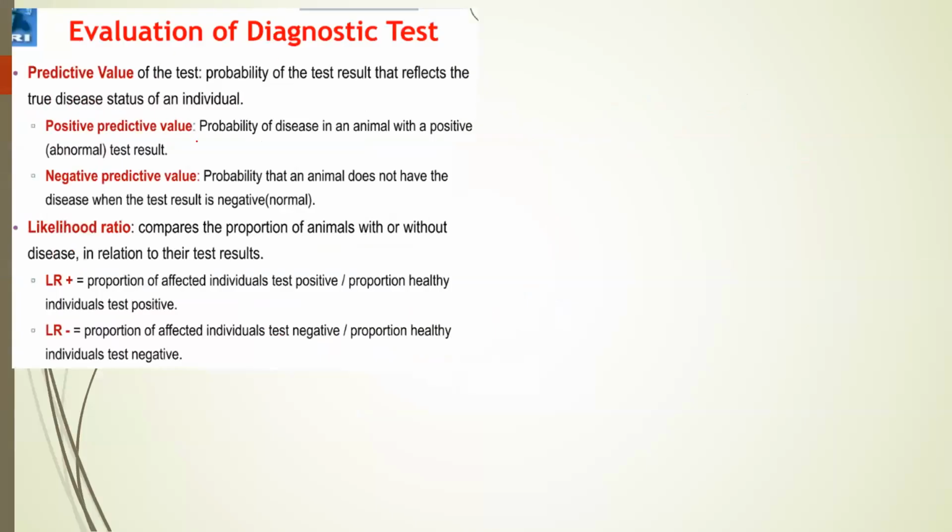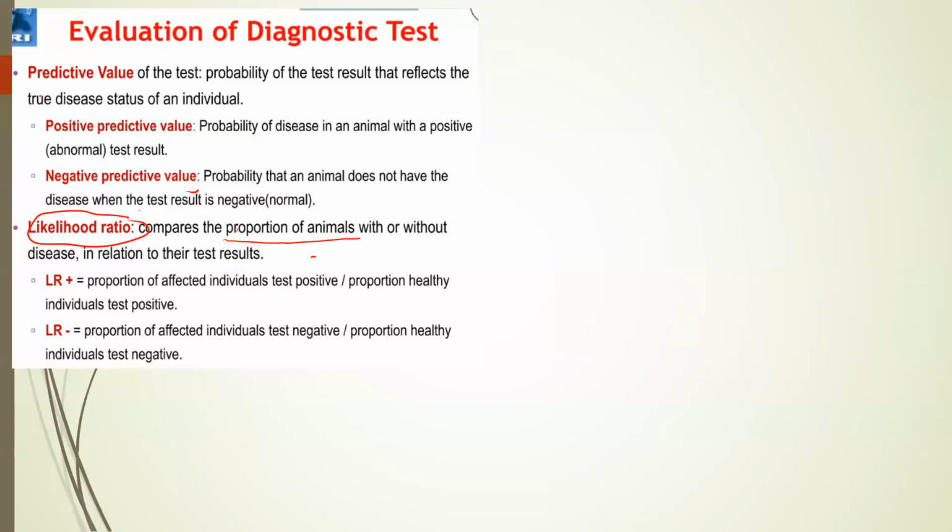Now, we have discussed predictive value, that's positive and negative predictive value. Let's talk about likelihood ratio, because even this has been asked quite frequently. So what is likelihood ratio? It compares the proportion of patients with or without disease with respect to their test results.